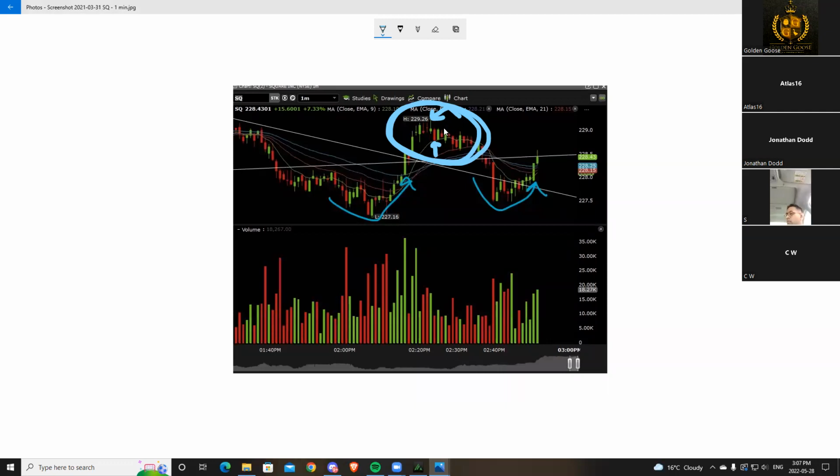So that actually is a good entry point right there, because when it comes to options, you'll be able to buy on the bid side of things and not the ask. And that is good, especially for me as a scalper, because I want to be able to get in and out of my position really quick.